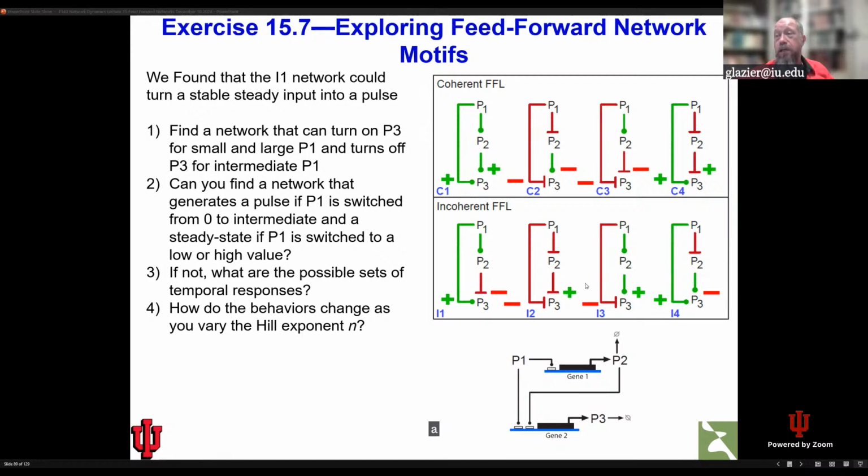Why don't you pick one of these coherent feed-forward networks and one of the ones we haven't done. Let's pick C2 and I2, for example, and play with them just a little bit.